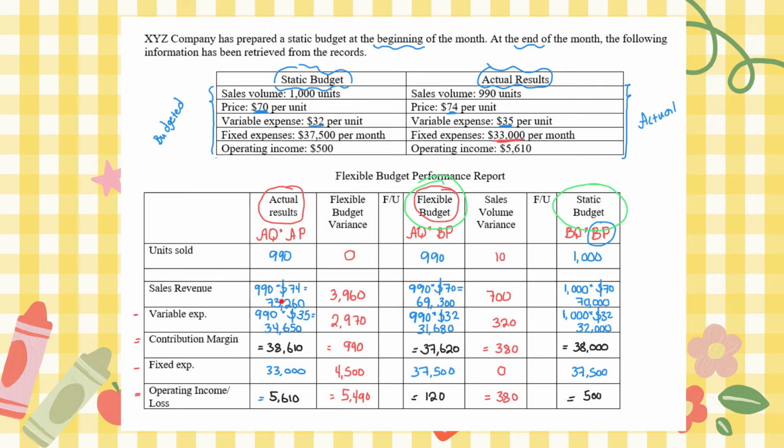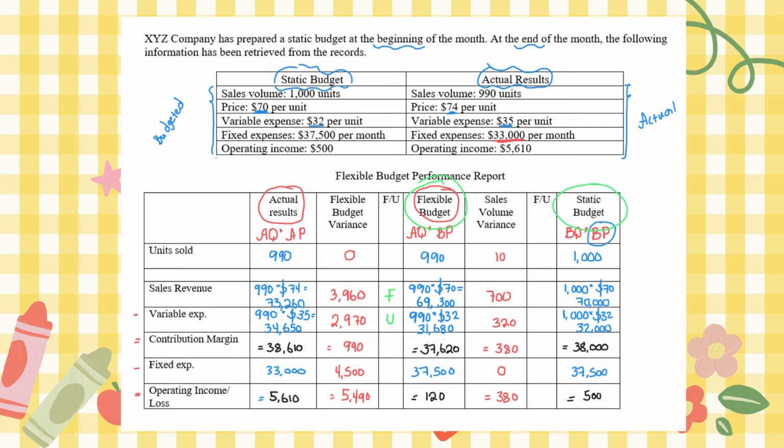So the actual number was greater than the budgeted one for the sales, so it's gonna be favorable variance. For the variable expense, I expected to pay 31, I paid 34, I paid more, so it's gonna be unfavorable.